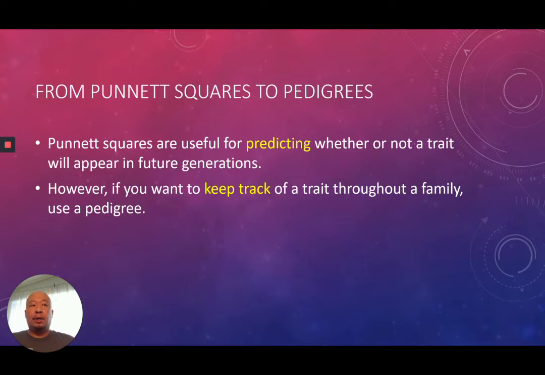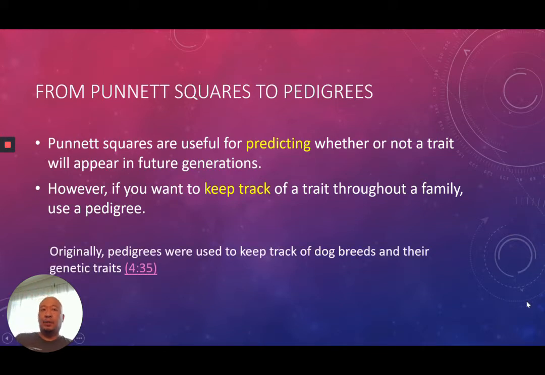Now, a pedigree, you may have heard the word before. It was originally used by dog breeders as a means to keep track of male and female dogs within a particular lineage.